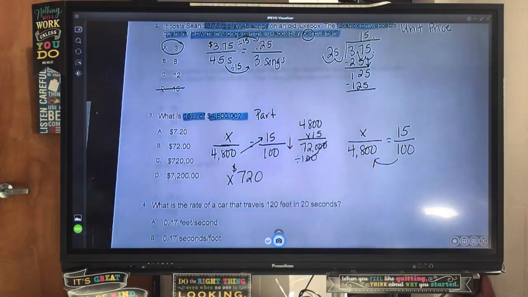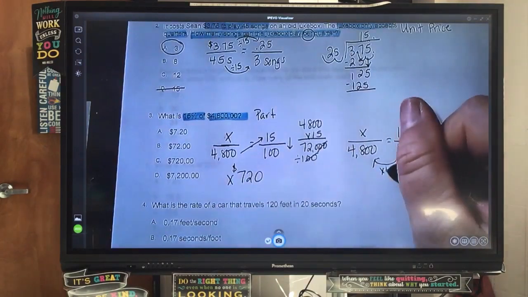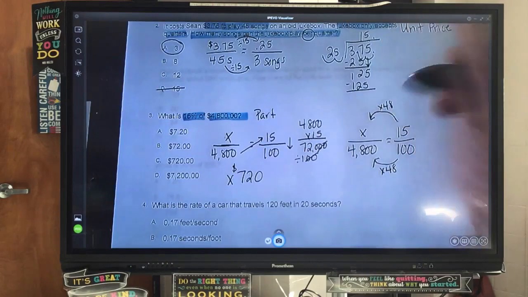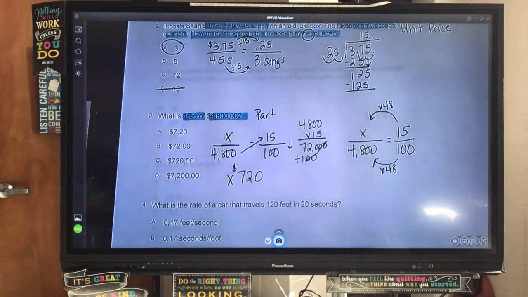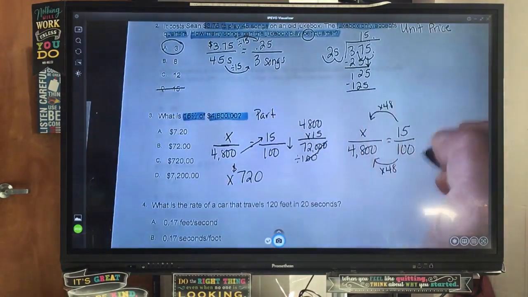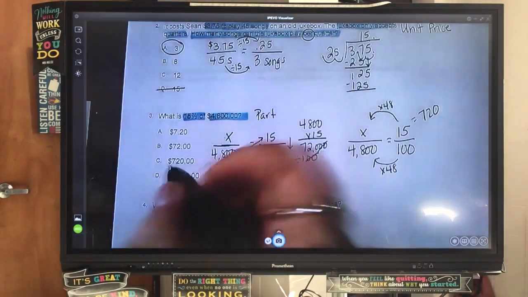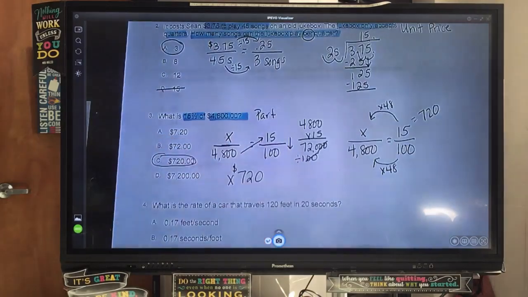All right, so what do you multiply 100 by to get 4,800? So times 48. So when you do 15 times 48, you get 720. So either way, you get the right answer. Okay, so the correct answer for this question is $720.